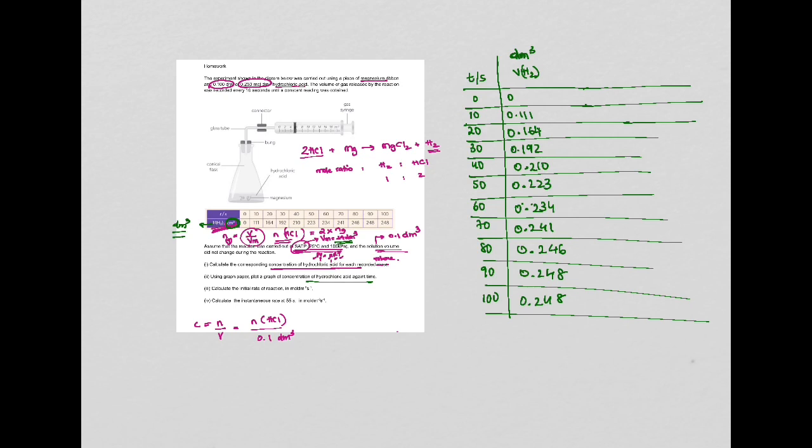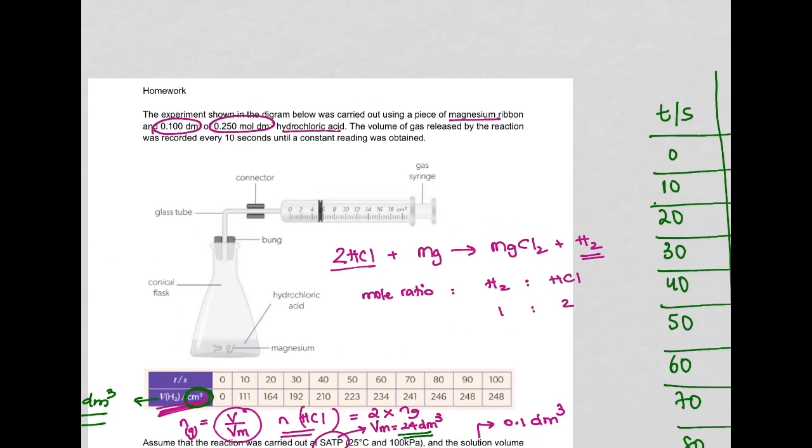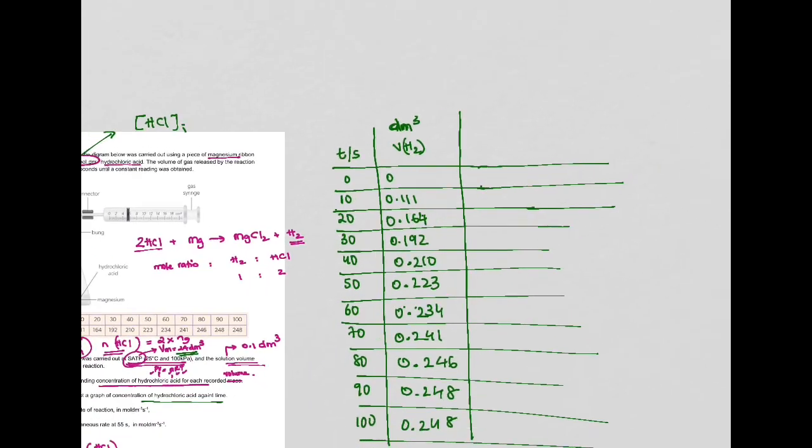And from this, I'm going to have different columns until I reach the concentration. Now, initial concentration of HCl at time 0 will be the initial concentration given here. This is concentration of HCl, initial at time 0. So this is going to be here.